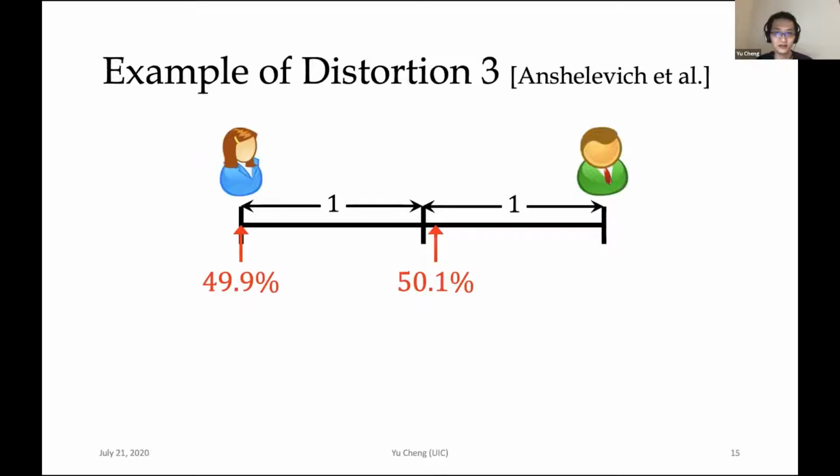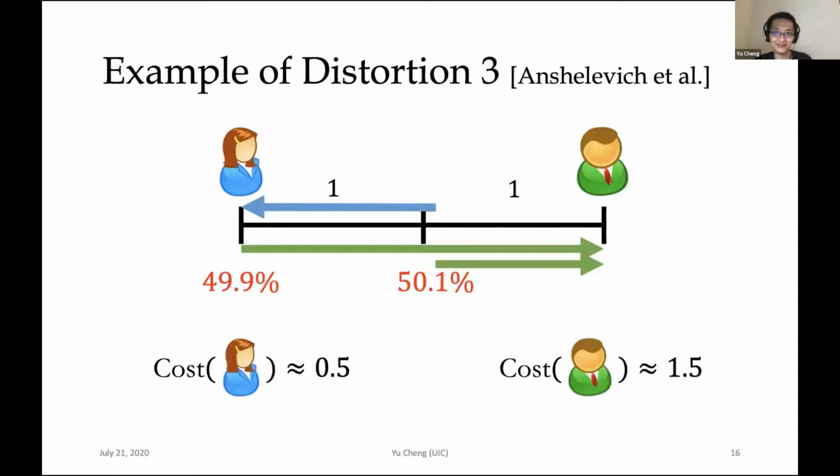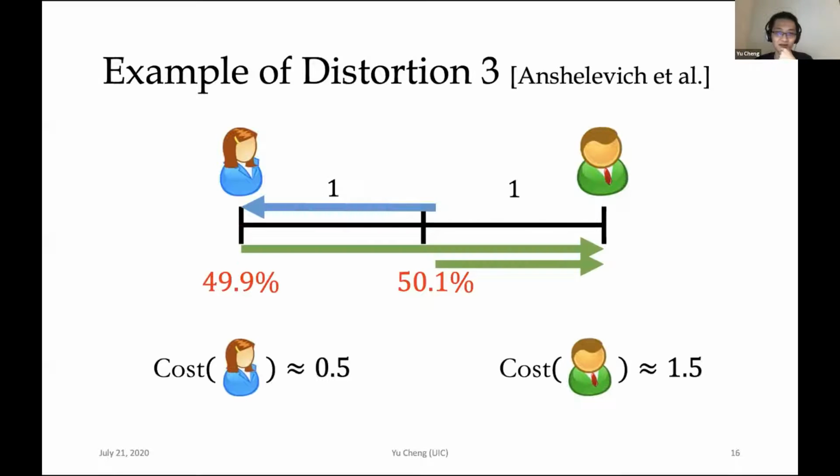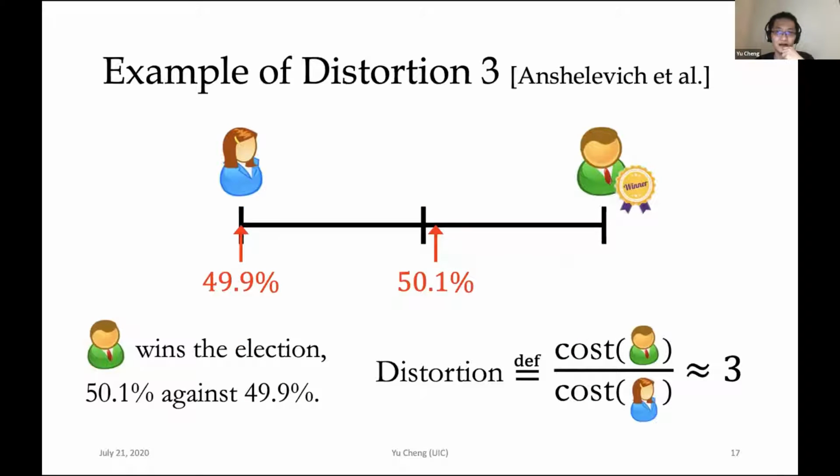So perhaps it would be helpful to start with this example of distortion 3. I will go over this quite quickly. It's probably not the first time you've seen this example in this workshop. So you just have two candidates, the blue and green figure, and the red arrow specifies the voter distribution. Okay? You can compute the cost of these two candidates. They're roughly a factor of 3 away from each other.